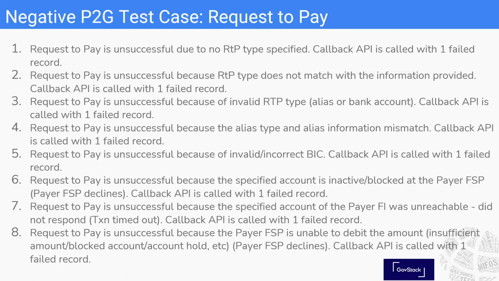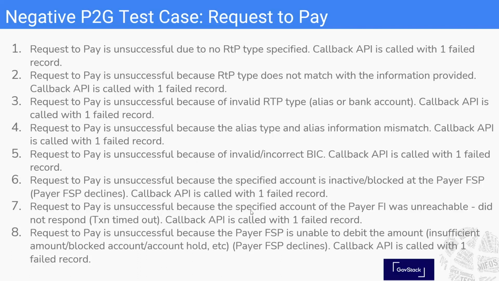For example, when we're asking to send either the account number directly or the alias information, it sends both. It could corrupt the request, or for example, it does not select the type of request it is. So any of those cases could check negative RTP scenarios.